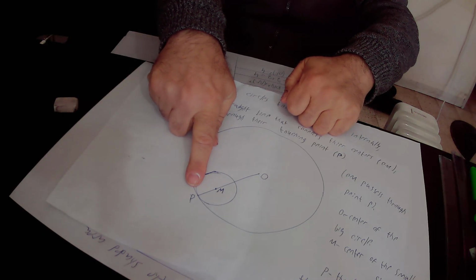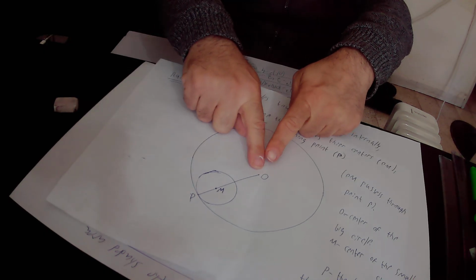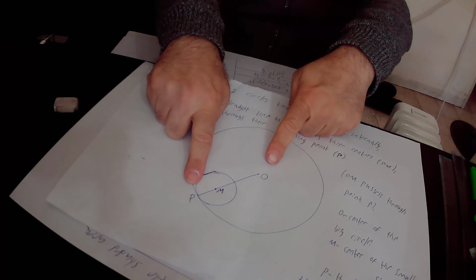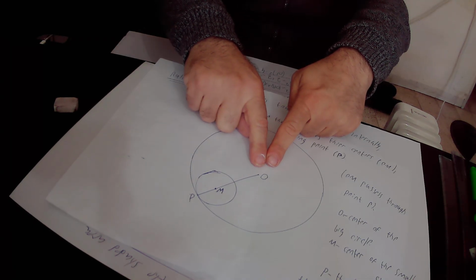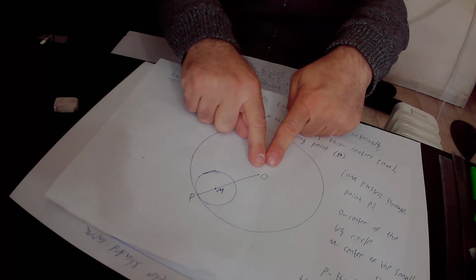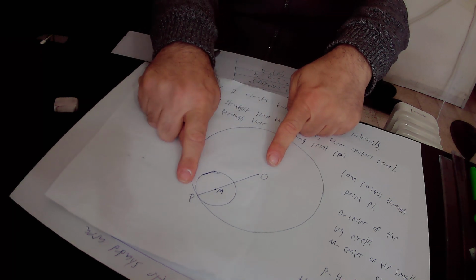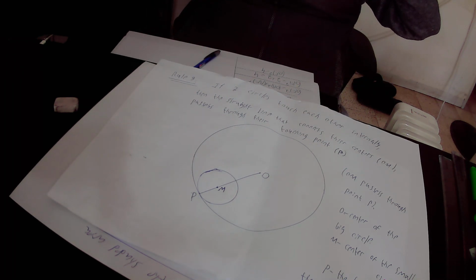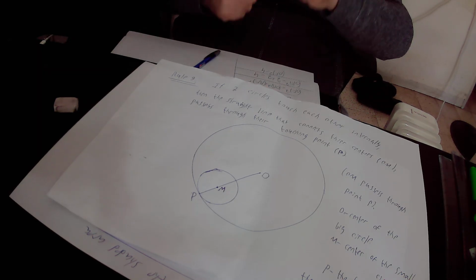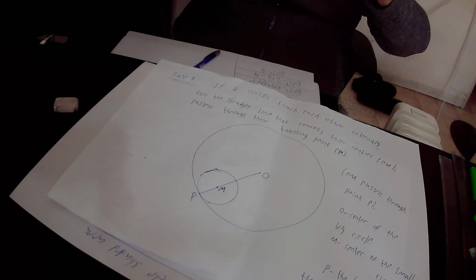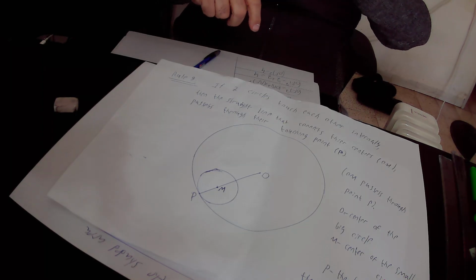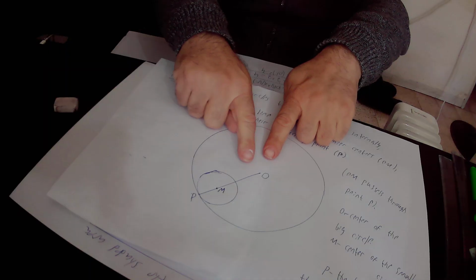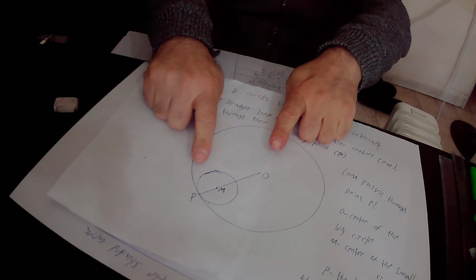Their touching point is P. So the straight line OM must pass through point P. That is to say, OMP is one straight line. Again, OMP is one straight line. So whenever you have an internal notch between two circles, then the straight line that connects their centers together must pass through their touching point. Like here, the straight line OM must pass through point P, or OMP is one straight line.